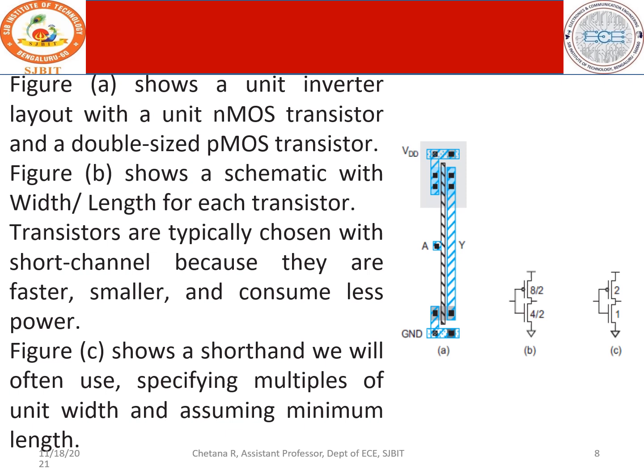You have to use the diffusion of 4 lambda and overlap it with the polysilicon of 2 lambda. So 4 by 2 will reduce to 2. This is how the layout looks, and that is how this transistor is created inside the well structure.